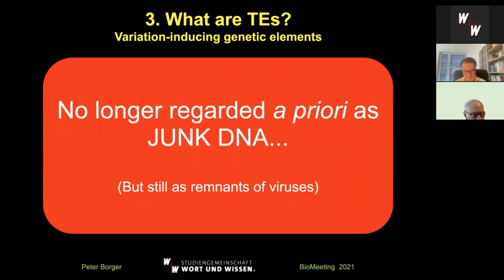And currently, they are no longer regarded a priori as junk DNA, but they still are regarded as the remnants of viruses. And if you have read my articles in the Journal of Creation, you know that I have also proposed that certain viruses, like the retroviruses, are in fact modified transposable elements, known as the endogenous retroviruses.